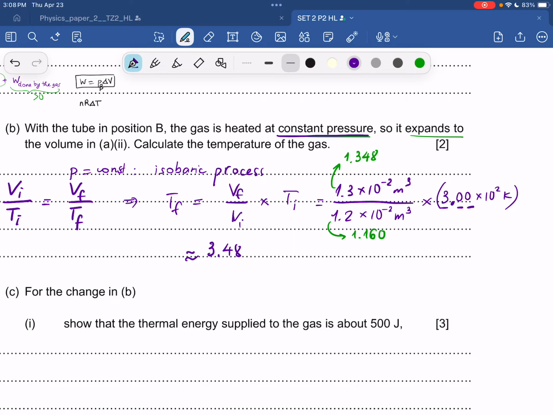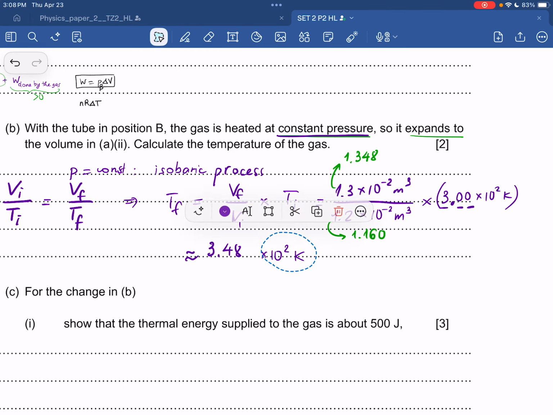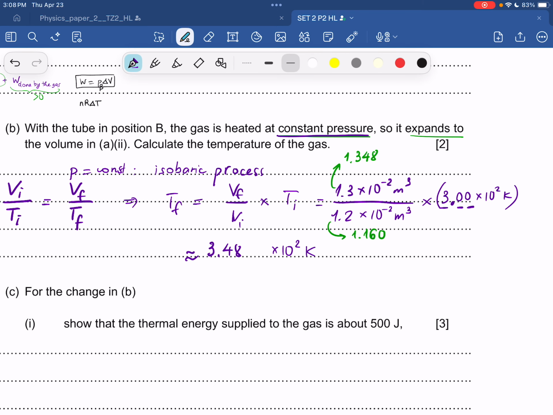So I will keep it as 3.48 times 10 to the 2 Kelvin, so it's about 348 Kelvin. Okay, actually if you use the calculator, you will see there's another 6 behind. So if I round it up to three significant figures, it should be 3.49 times 10 to the 2 Kelvin. Okay, so let's have it this way.